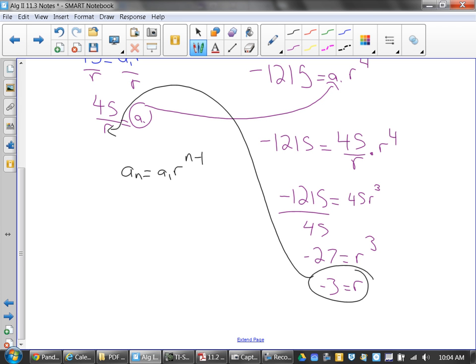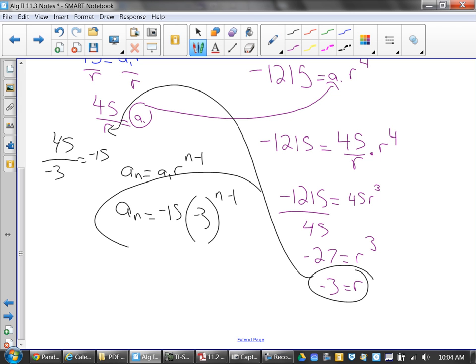That gives me my first term. In these cases, the arithmetic that we're doing is not that difficult. There's just a couple extra steps. So 45 over negative 3 is negative 15. We said that like 5 times. That's how you set this stuff up.